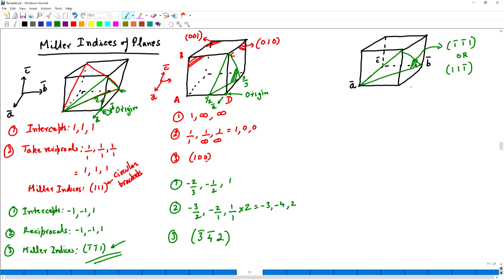In order to get these Miller indices, this was the origin I had taken. Now, let us do a small construction. I draw another unit cell just below it and extend this plane.